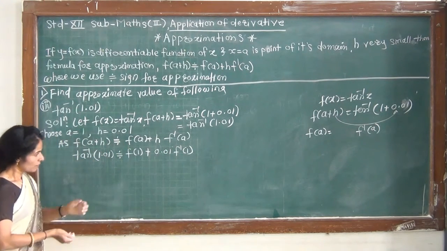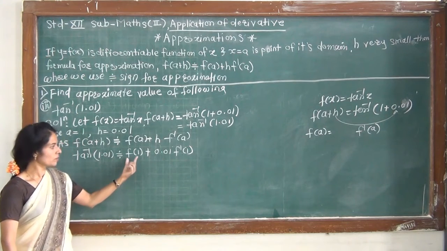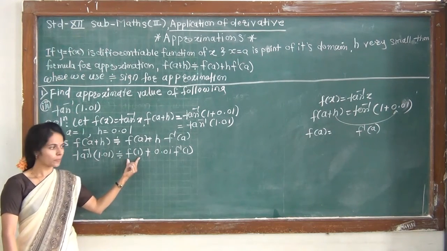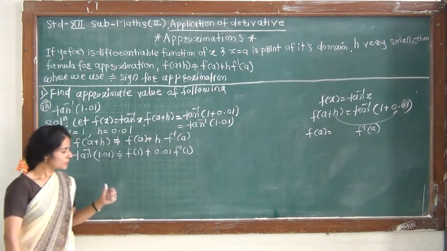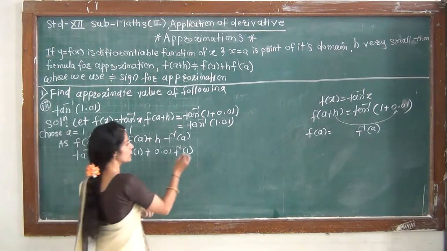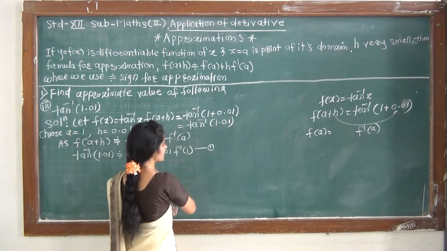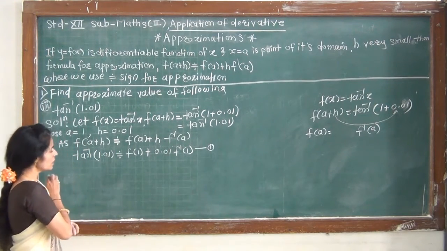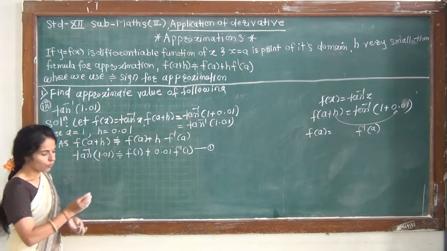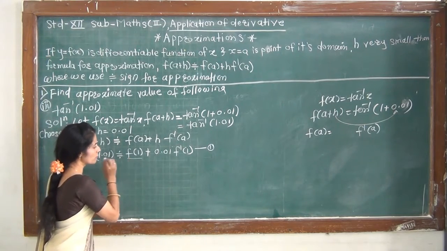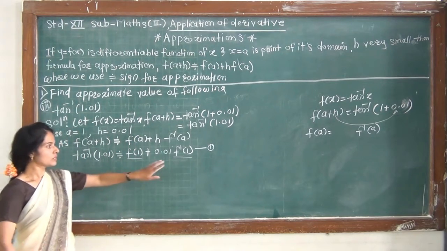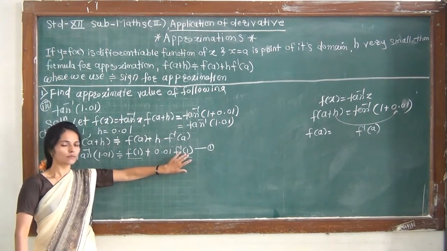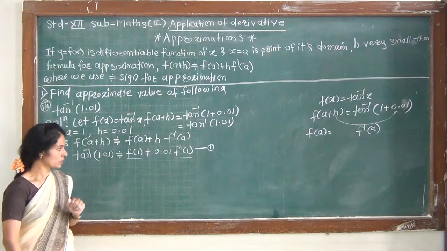In further calculation, we find the value of f of 1. Similarly, we find the value of f dash of 1. That means we require this identity, so we mention it as equation 1. Now, anyhow, we find the values of f of 1 and f dash of 1, and we are using the derivative here in the formula of approximation.